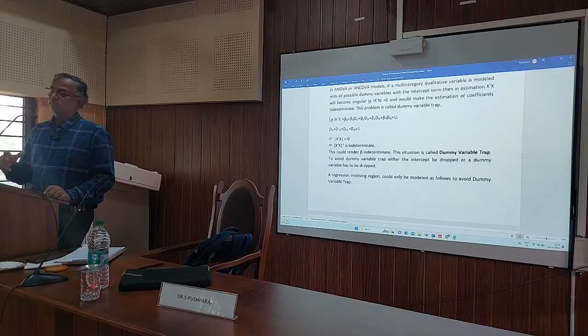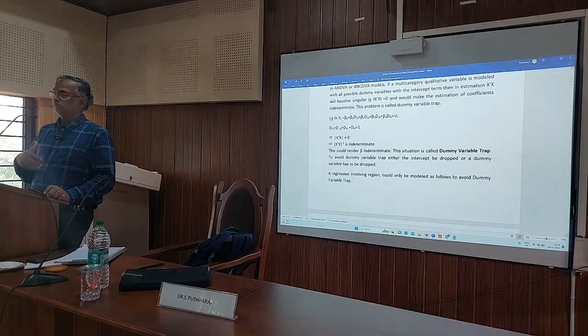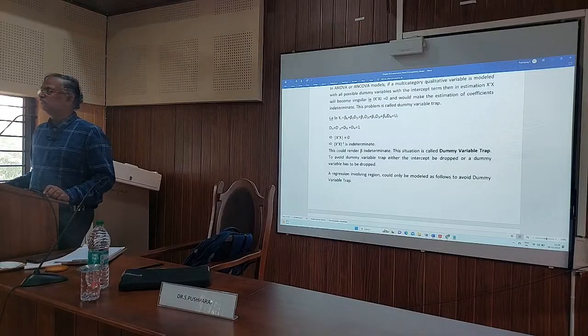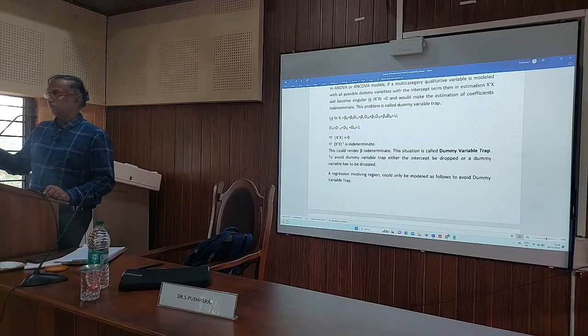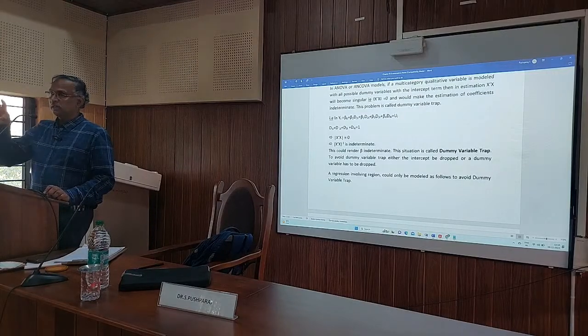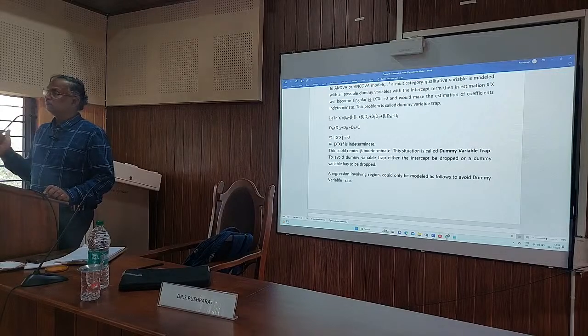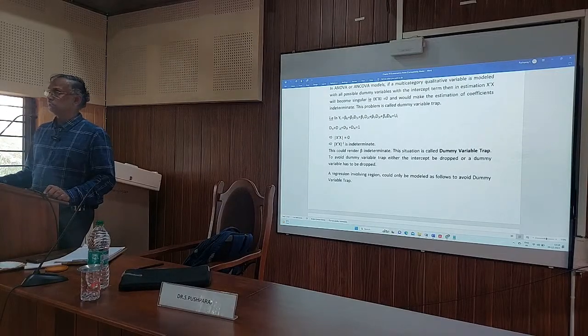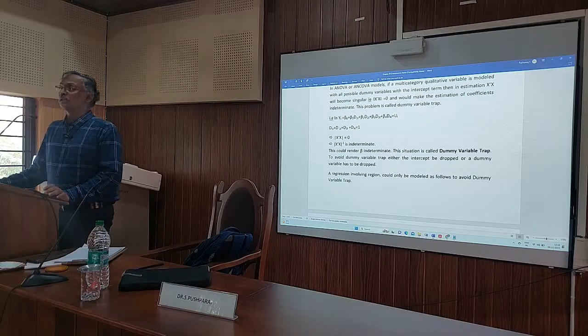Dummy variables will have a different meaning compared to the usual regression models. In usual regression models, the coefficients have the meaning of marginality. They indicate the marginal increase or decrease, the marginal change.